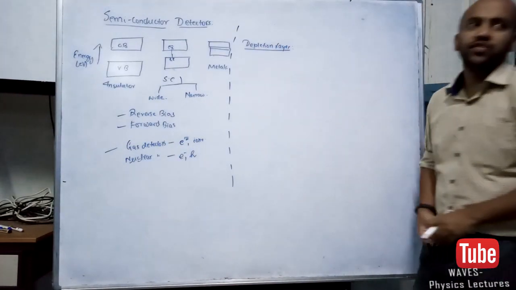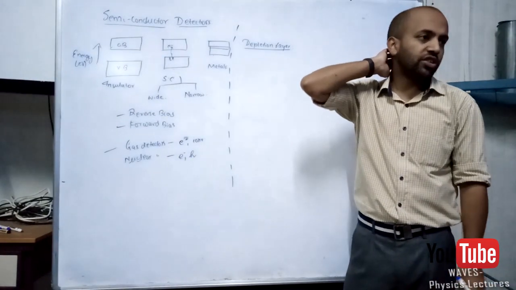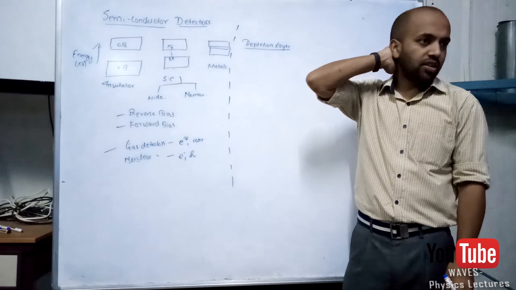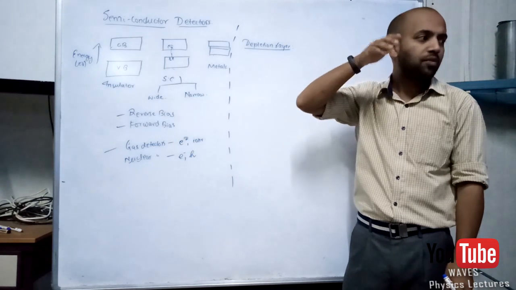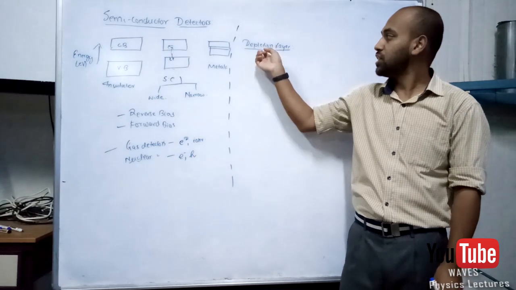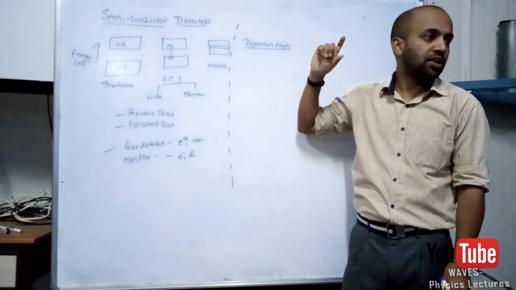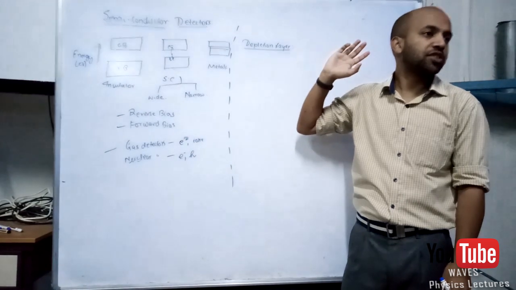Depletion layer is very critical for semiconductor nuclear detectors. The reason is that the radiation that is incident, the alpha particle or the beta particle or the gamma rays, is incident on the depletion layer. So the broader the depletion layer, the better is the detection.